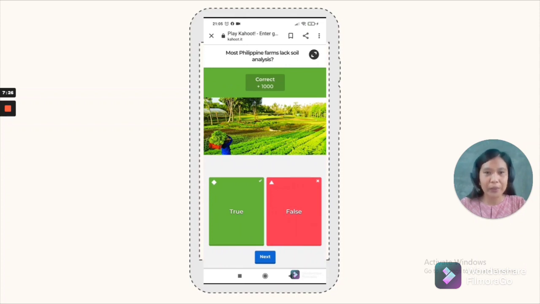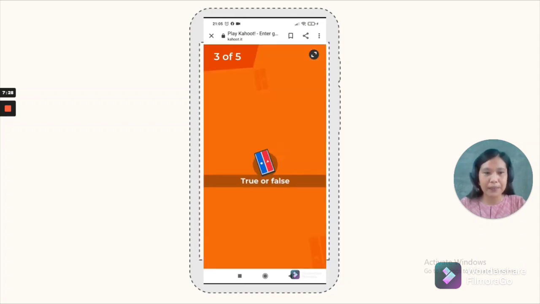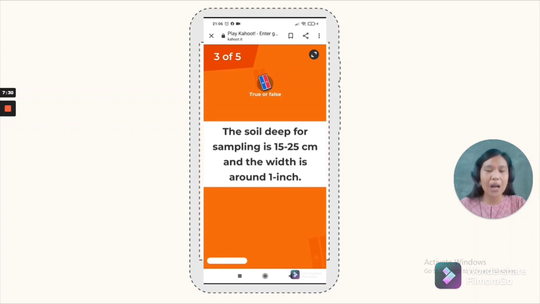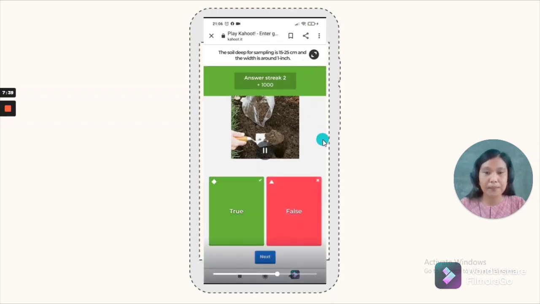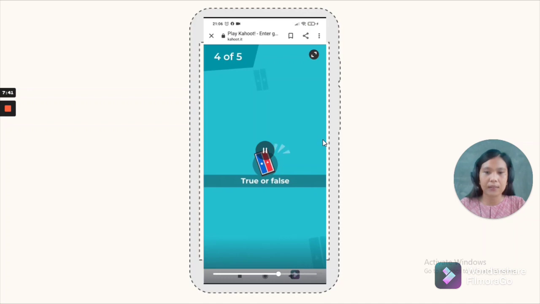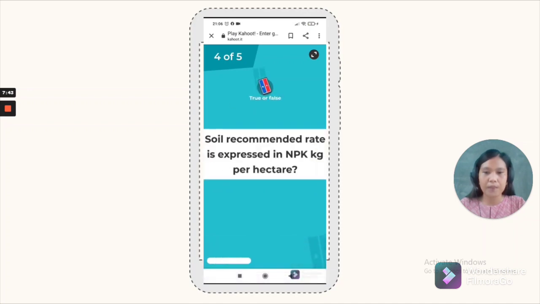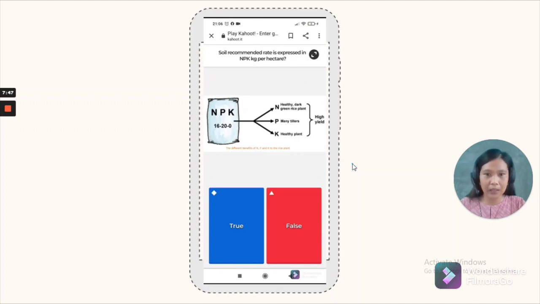You can assess that, class, because the Philippines is our country, where we are helping build the nation. So, how deep is the soil sampling plot? True or false? Soil recommended rate is expressed in NPK kilograms per hectare.